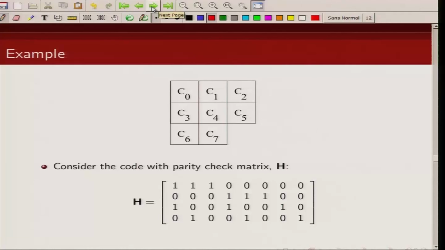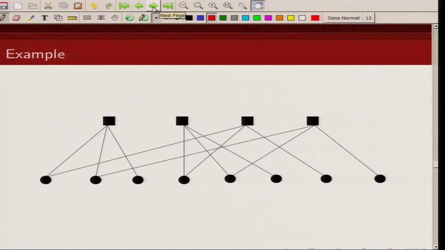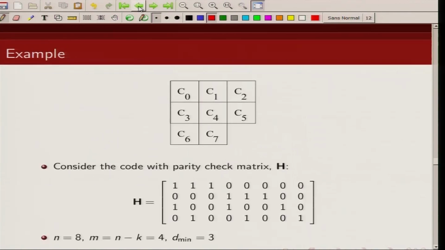So, let us take an example to illustrate the decoding algorithm. We have a low density parity check matrix given by this, with 8 coded bits. This is the Tanner graph corresponding to the parity check matrix; we can just quickly check it.